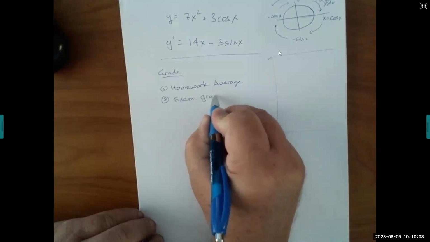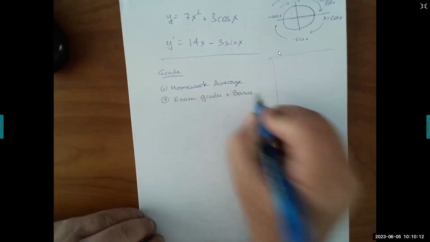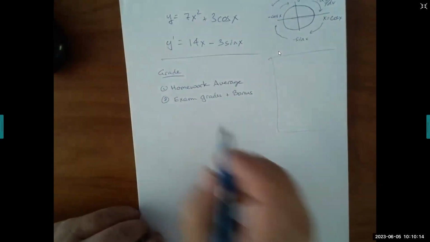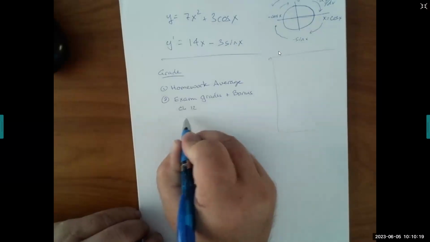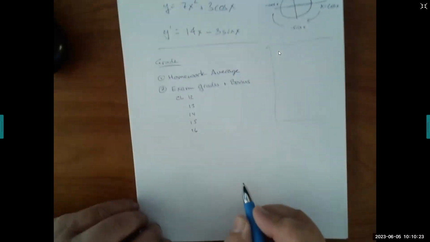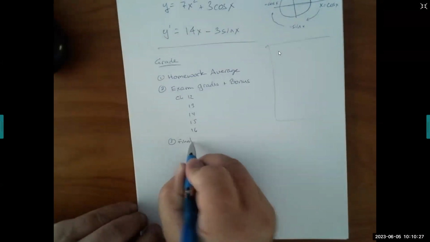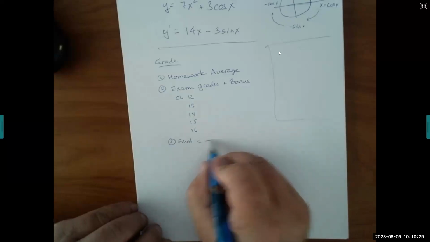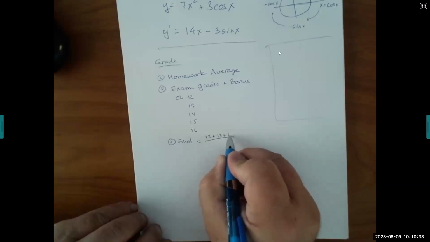The exam grades plus their bonuses: let's say we have chapters 12, 13, 14, 15, and 16. And then we have the final. The final is actually going to be the average of all your exams.